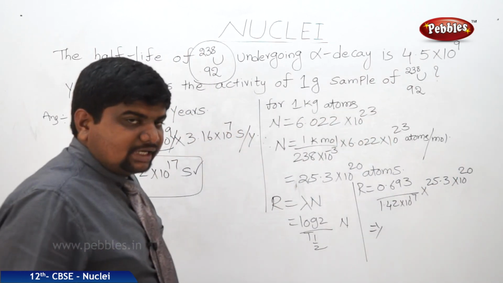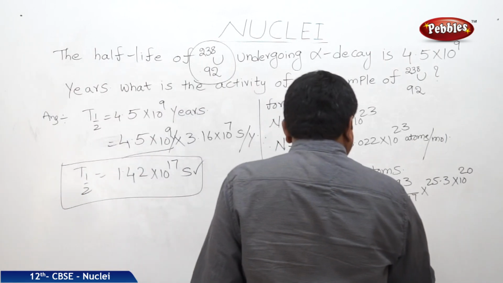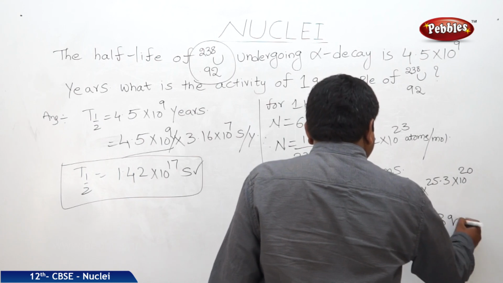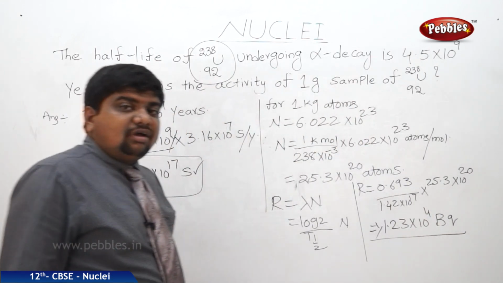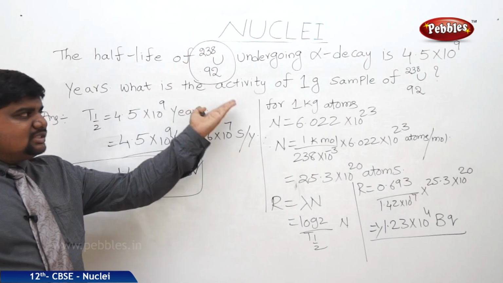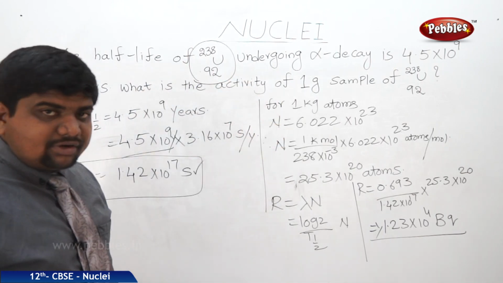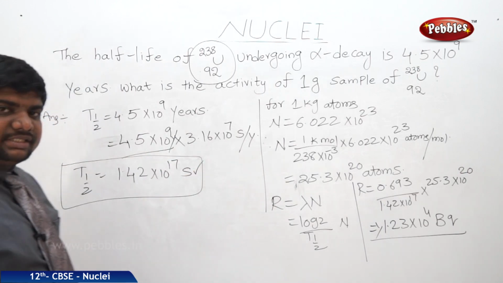So the answer we will get, the activity constant is 1.23 into 10 to the power of 4 becquerels. BQ is the symbol of becquerel. So if a problem is given like this, we should do the conversions like this with corresponding to the Avogadro number. Then the answer will be like this.